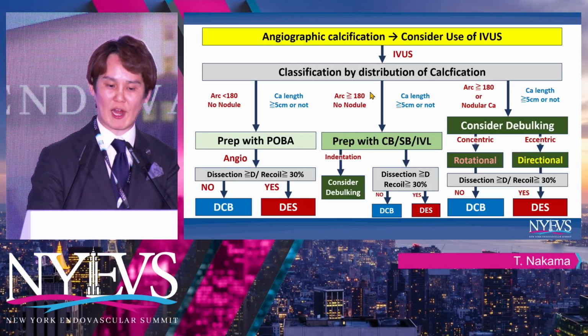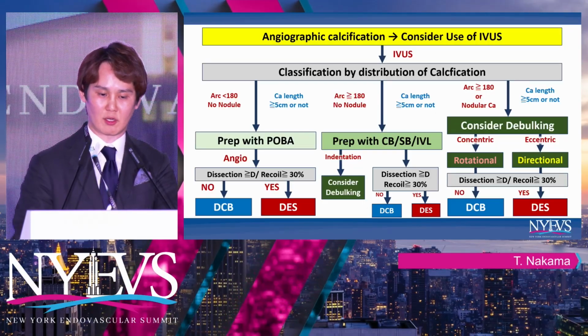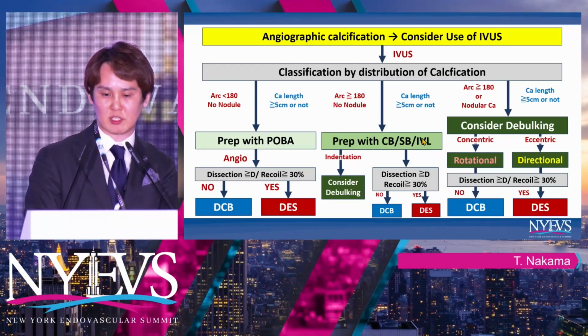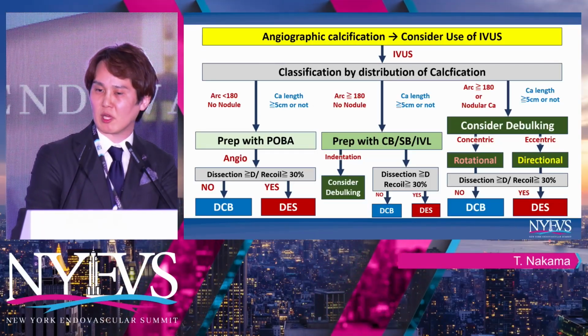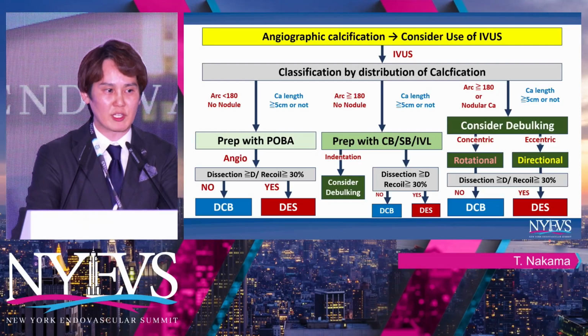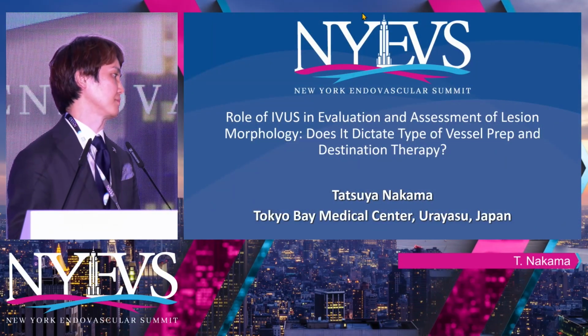However, if you find over 180 degrees of calcification, I think it is a very good indication for the balloon-based strategies. If you find nodular calcification or a more severe calcified arc, please consider debulking. It's the only way to reduce the volume of the calcium. Thank you very much.